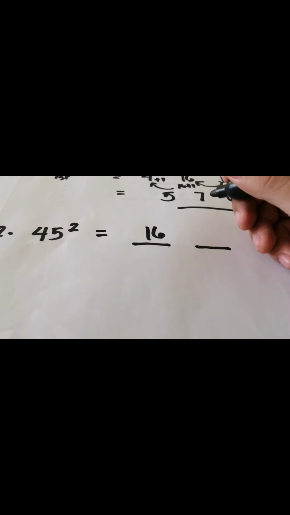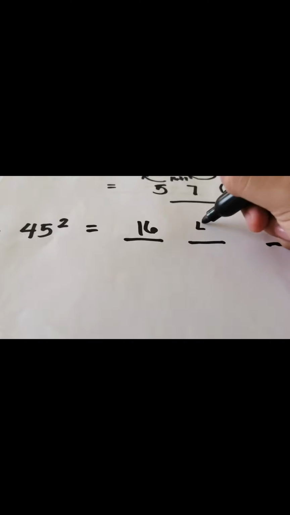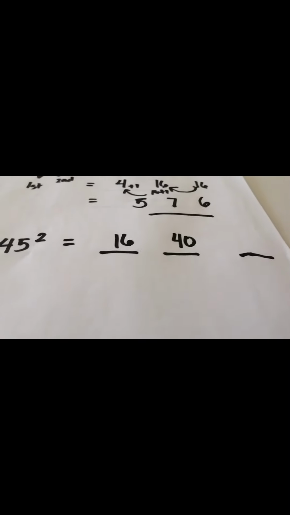So 4 times 5 is 20, 20 times 2 is 40. Then the last space is the square of the second number, 5. So 5 squared is 25.